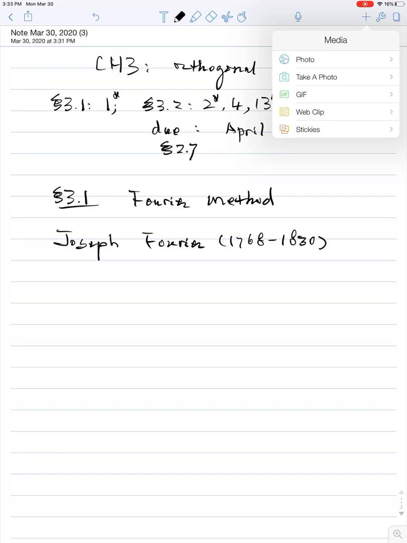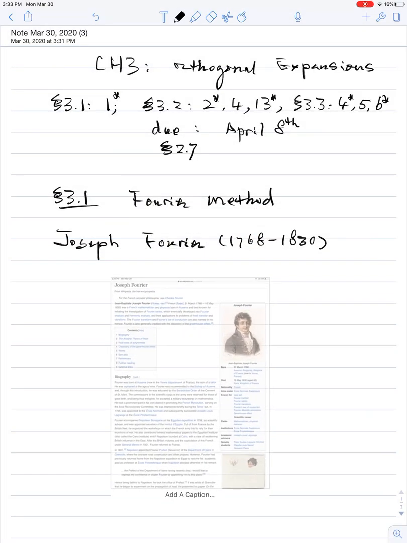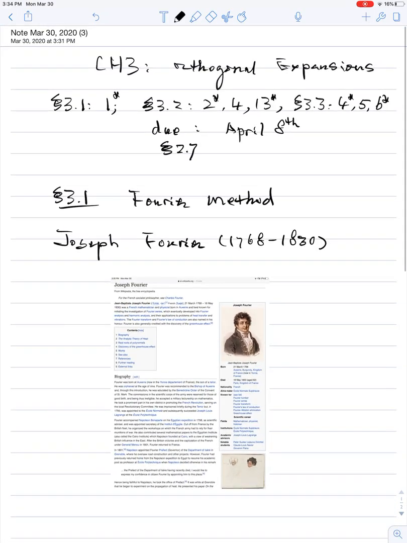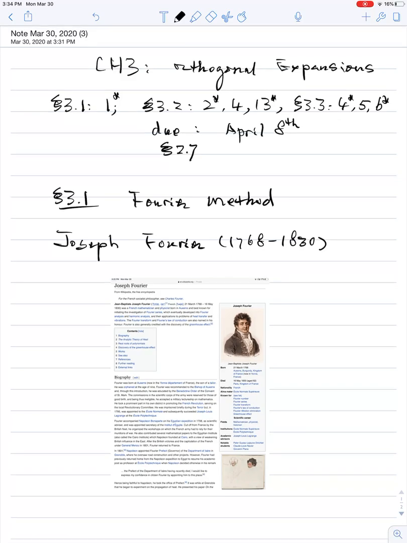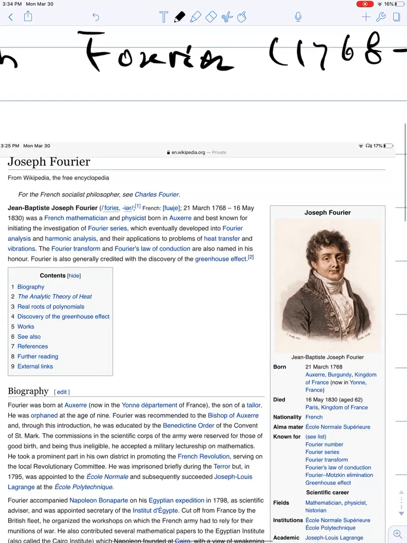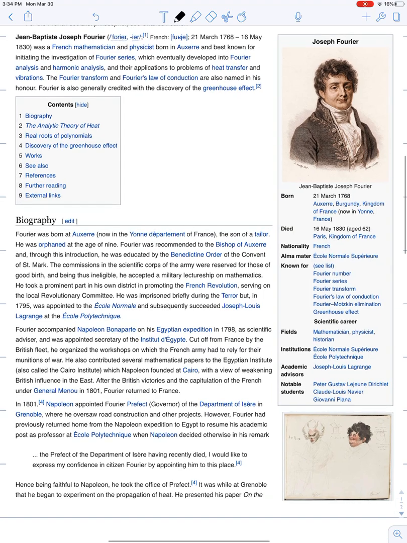So let's just look at it. You can check his wiki site. And he was actually at the time of Napoleon.